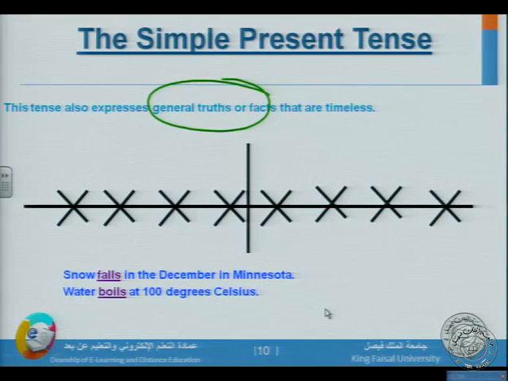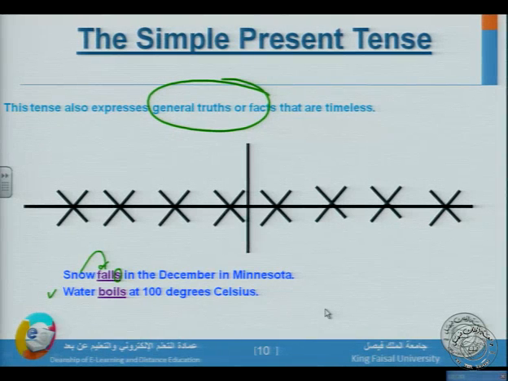So snow falls. snow تعامل معاملة المفرد. شكل الفعل، وهذه حقيقة عامة تحدث في ولاية مينيسوتا كل شهر 12 إنه يسقط الثلج. So we use the simple present with general truths.